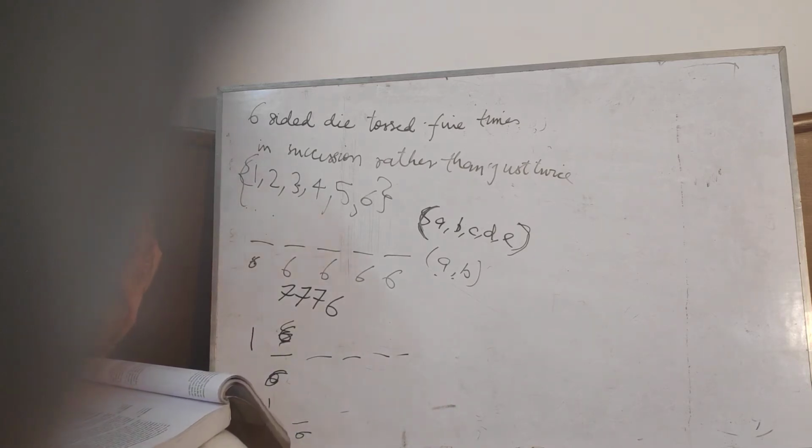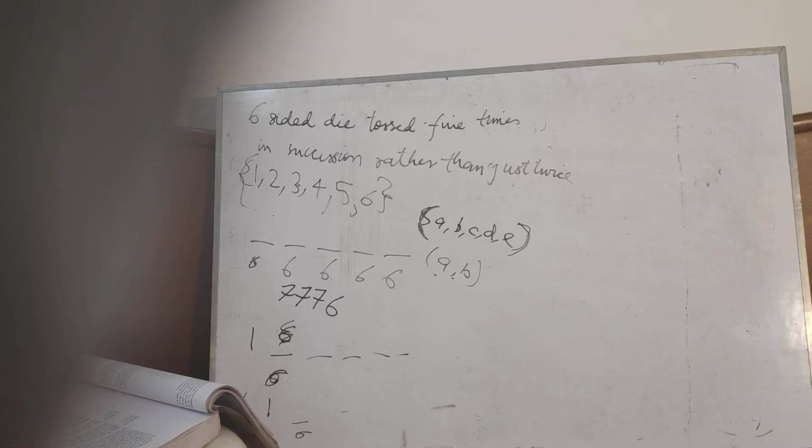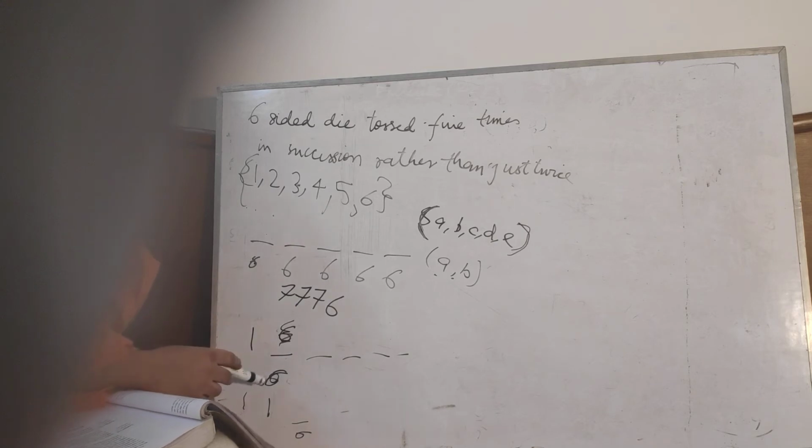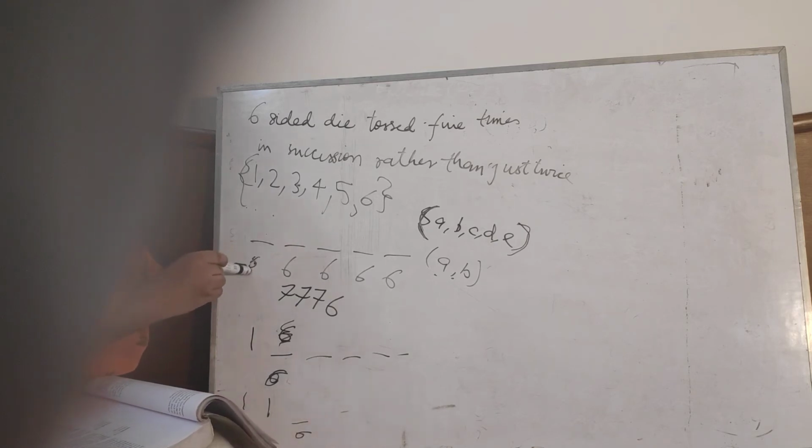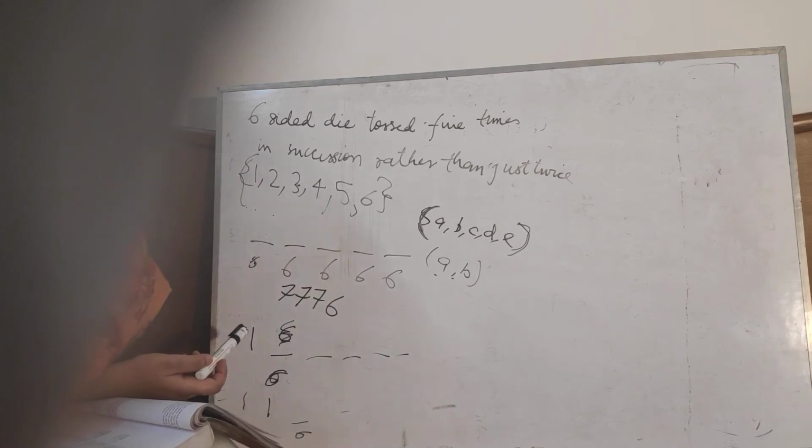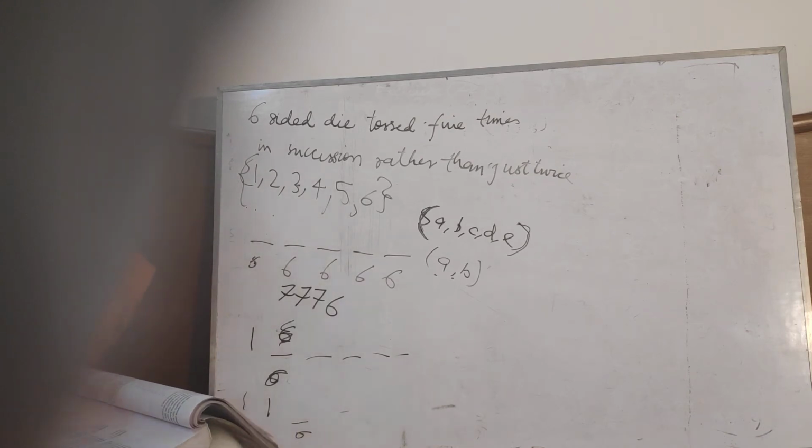So an alternative interpretation involves carrying out an operation in k stages. The first stage can be performed in n1 ways. You have 6 ways of performing the first stage of this experiment. You can get 6 possible outcomes if you toss this six-sided die, and for each such way, there are n2 ways to perform the second stage.